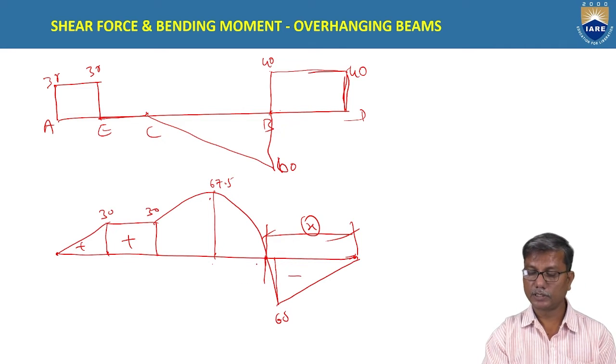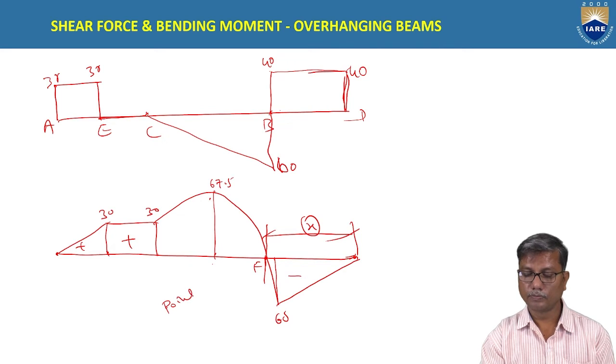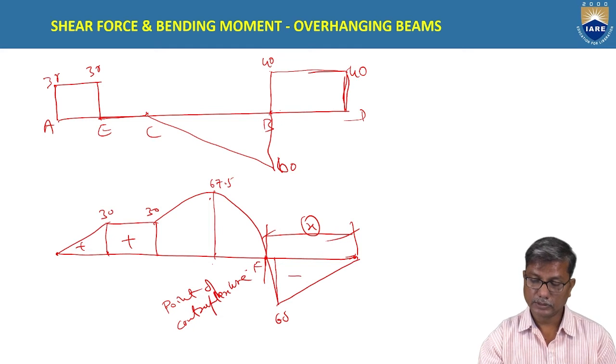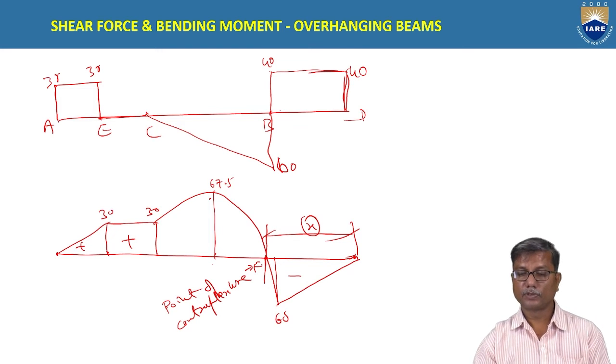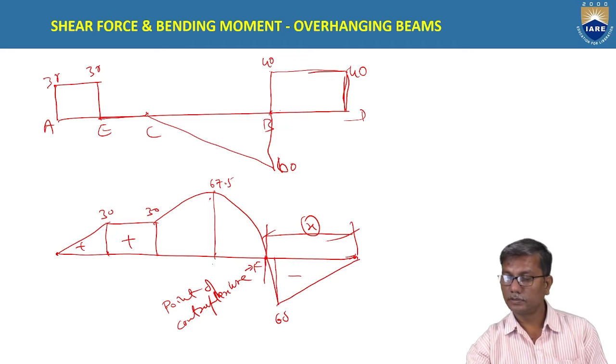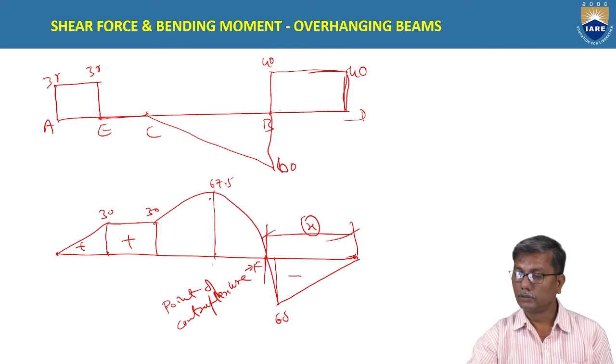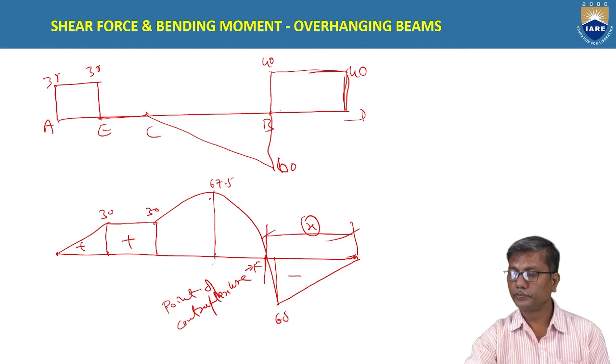This point F is called the point of contraflexion. Is this clear? So this is how the bending moment diagram will be for the given overhanging beam.